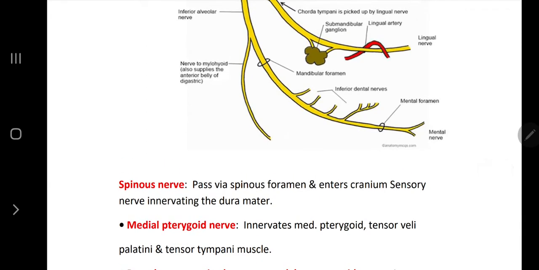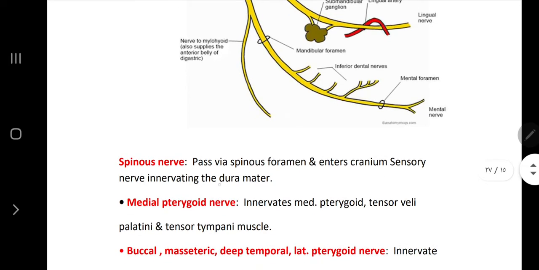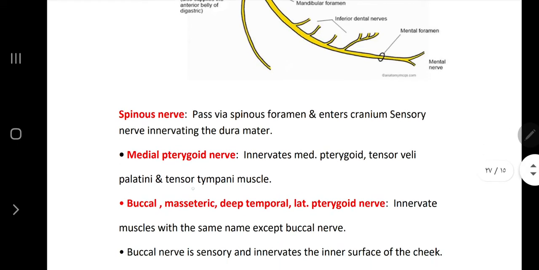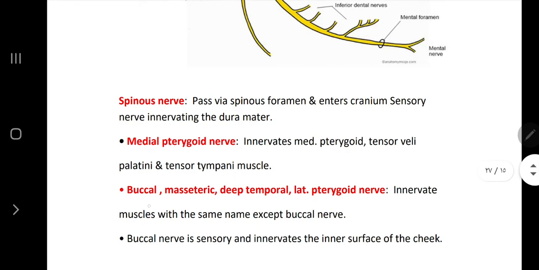Meningeal nerve, the nervus spinosus, passes through foramen spinosum and enters cranium, sensory nerve innervating the dura mater. Medial pterygoid nerve innervates medial pterygoid, tensor veli palatini and tensor tympani muscles.